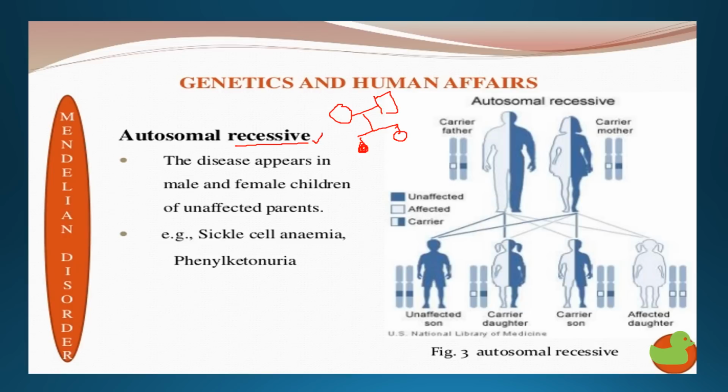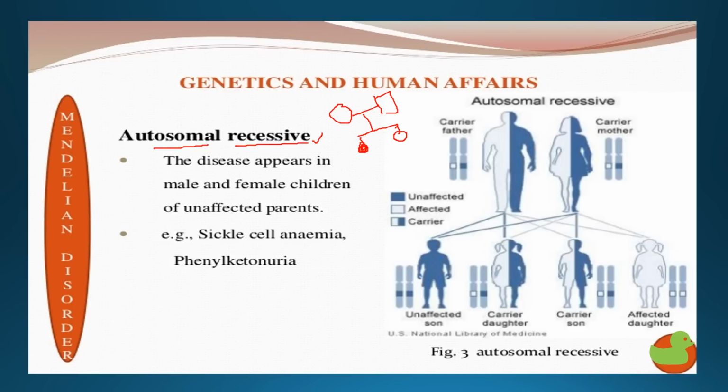So if there is a mutation on the autosomes, both male and female are equally affected. We cannot see that only one of the sexes is affected and the other is not. As this is a mutation in autosomes, both the sexes are equally affected.